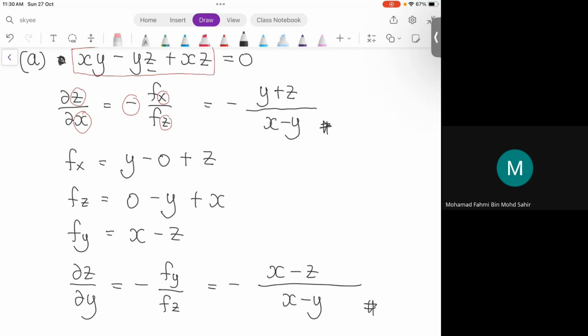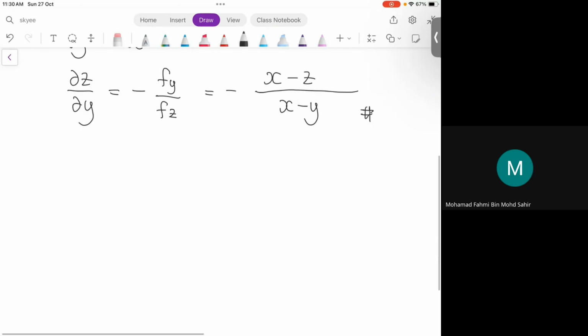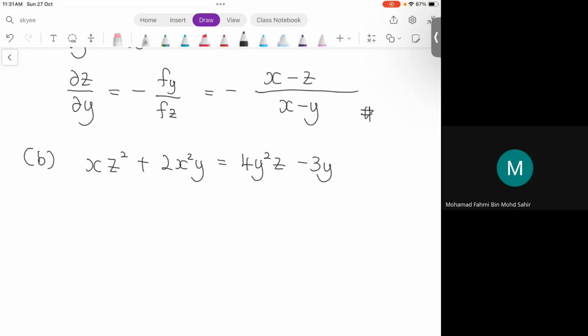Okay, we go to question B. So what is the question? Question B is xz squared plus 2x squared y equals 4y squared z minus 3y plus 2.